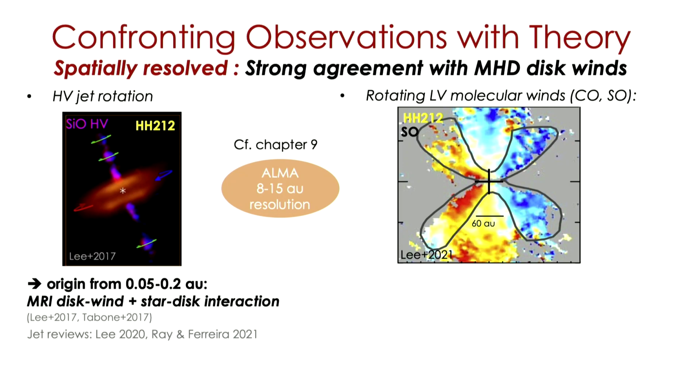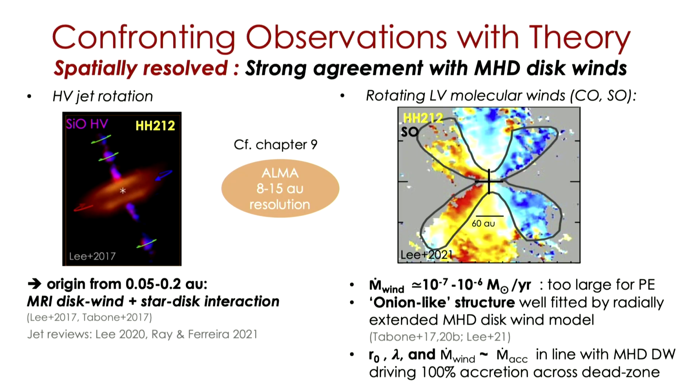At lower velocity, we have these broad conical outflows. And here, this is a map of the centroid velocity in HH212, where you nicely see this velocity gradient showing rotation. This is also seen in all the other CO outflows that have been observed pretty much so far. And the mass fluxes are extremely large, as I mentioned already.